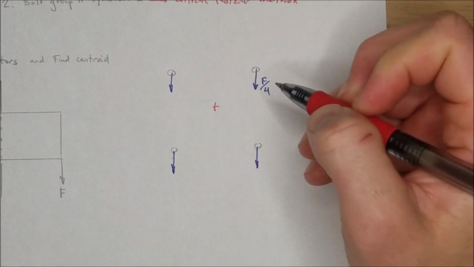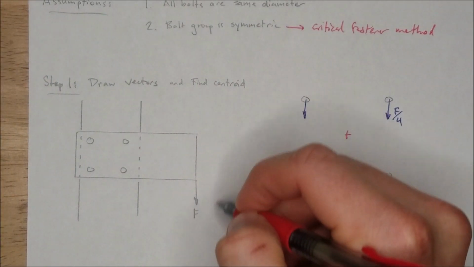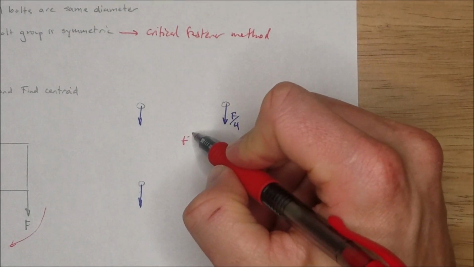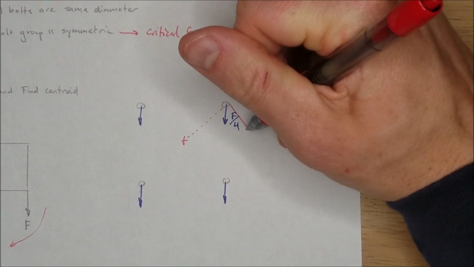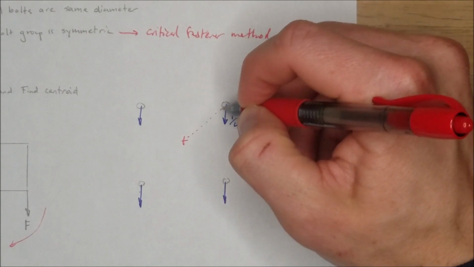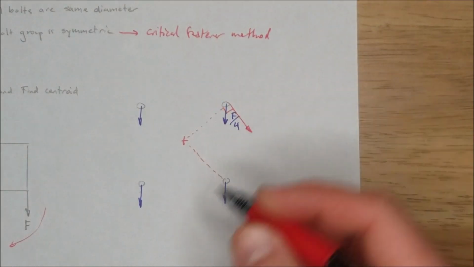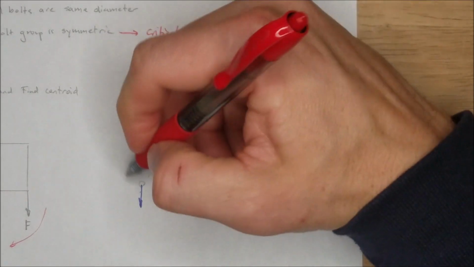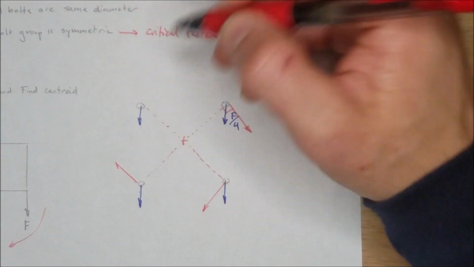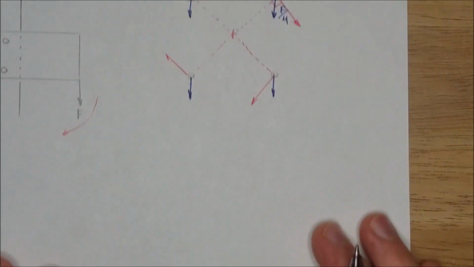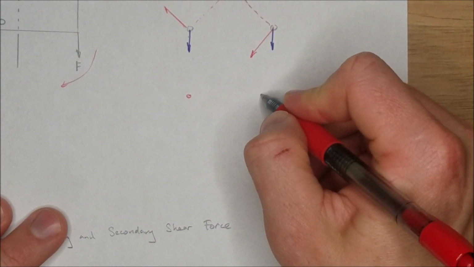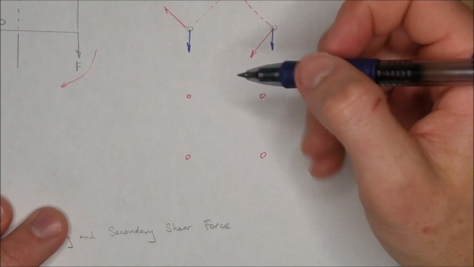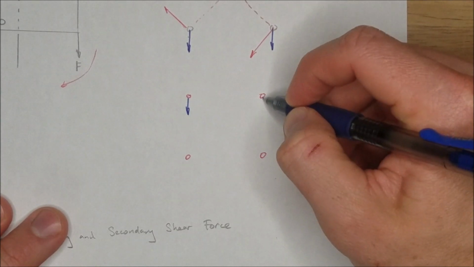Secondary shear, you see we've got force, or our force is going to be turning the joint that way, so we've got a radius. Now I'm not going to put values on these red vectors yet, but just to show you. Okay, now I'm going to redraw this, and we're going to draw these vectors in a more easily identifiable manner.